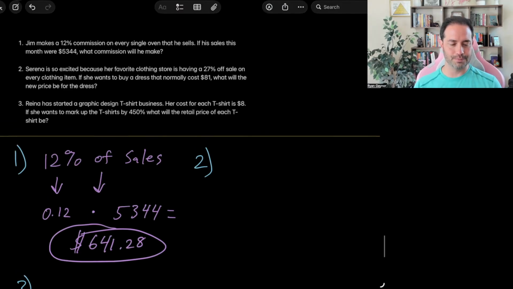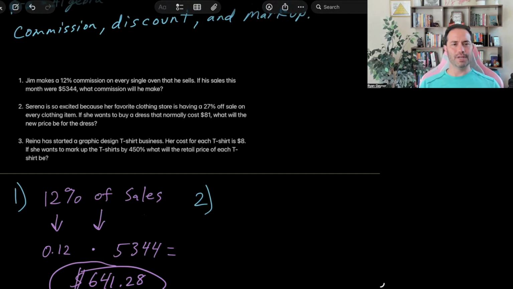So number 2, we have Serena is so excited because her favorite clothing store is having a 27% off sale on every clothing item. If she wants to buy a dress that normally costs $81, what will be the new price for the dress?